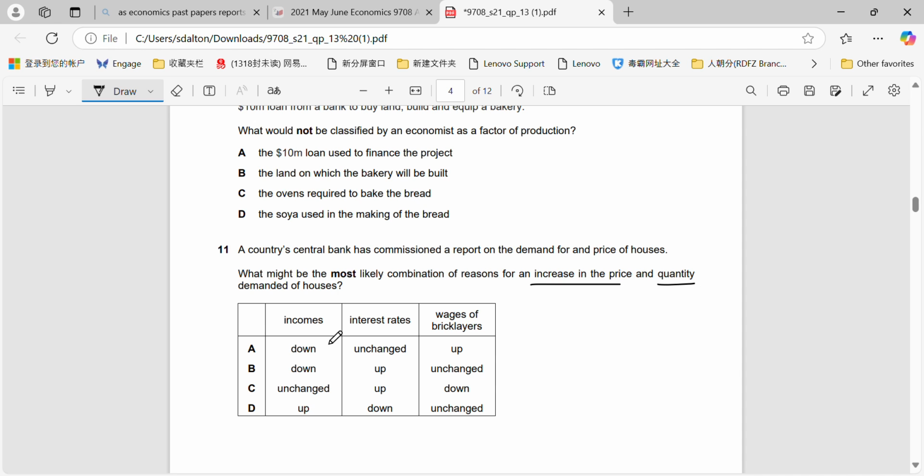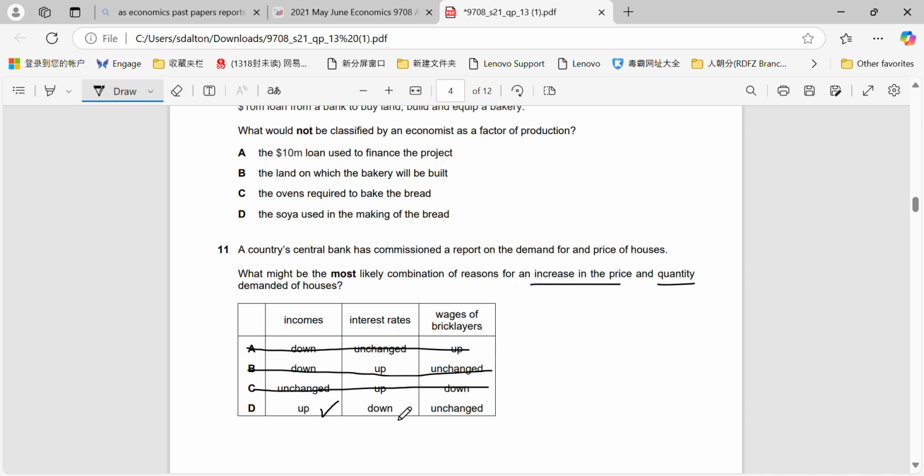So very simple, when we think about it, our incomes will have to rise, right? Because incomes rising will make the demand for houses rise. Because it will also make it easier for people to borrow money too, right? Because they're restricted in terms of what percentage of their salary they can obtain as a mortgage.